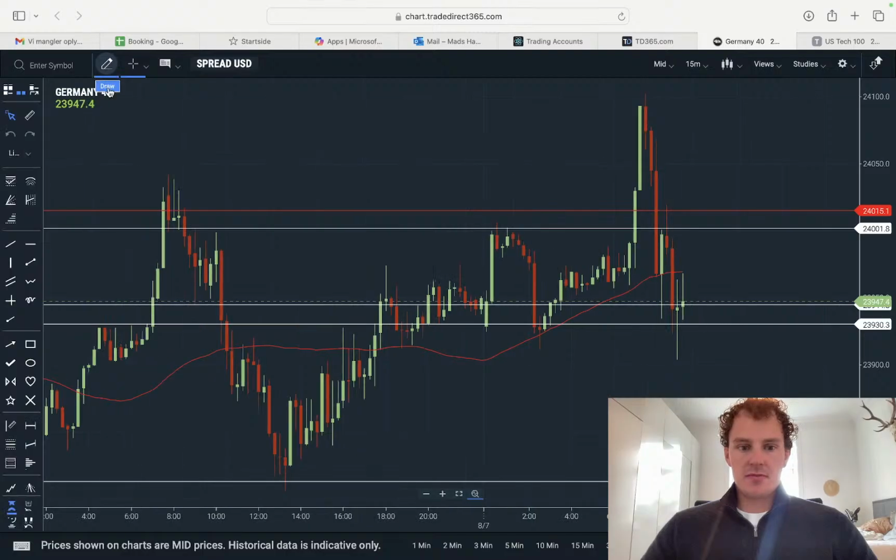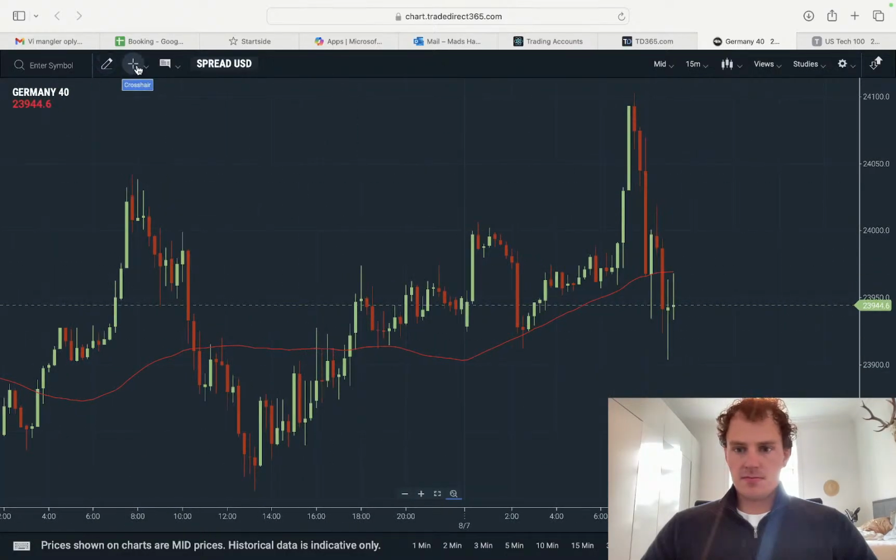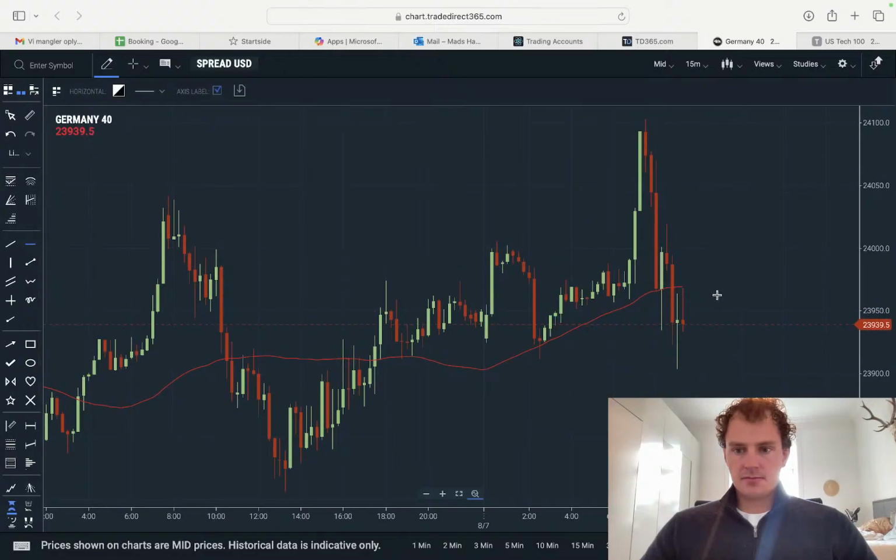Let me just remove some of these lines here to keep it super simple. But we have the first 15-minute bar here.